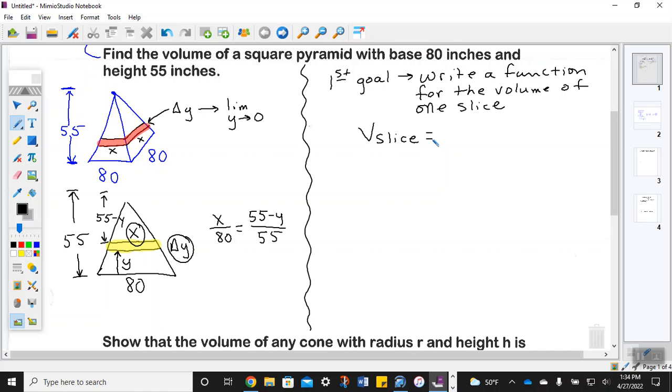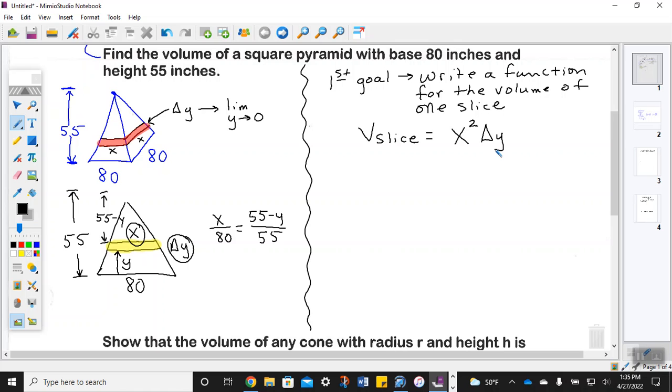Wouldn't the volume of that be length, x, times width, x, times our height that we called right here? What are we calling the height right here that's really close to 0? Delta y, or change in y. So our volume of one slice becomes x to the second power, x times x. That's the length times the width times the height of that really thin piece. Becomes x squared times delta y.